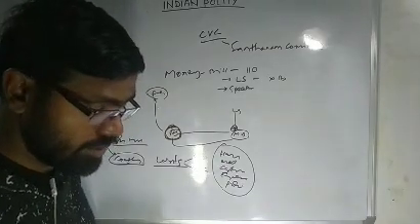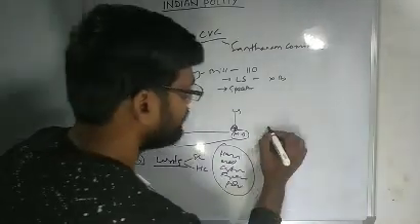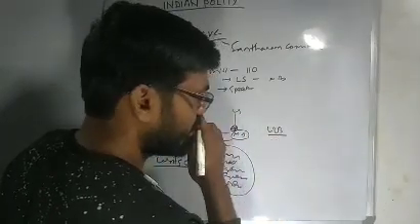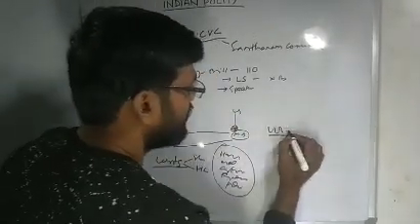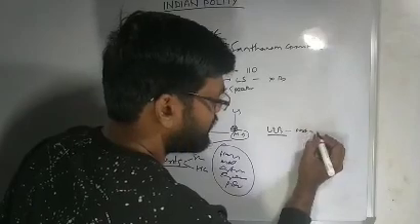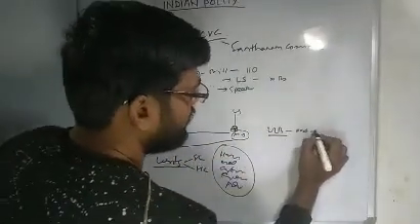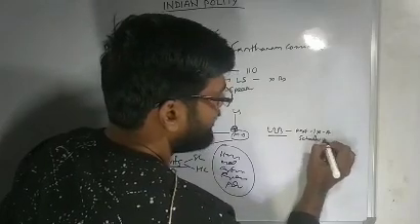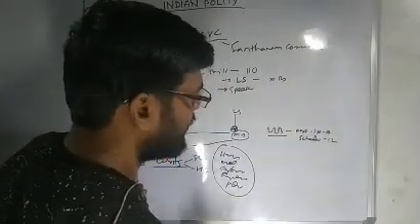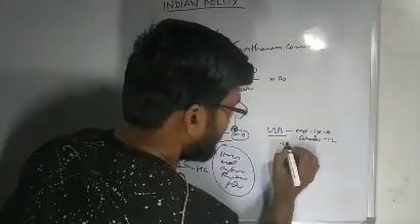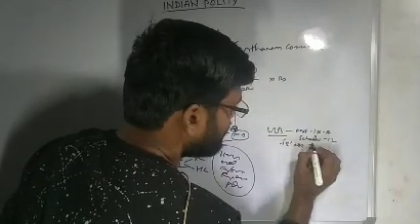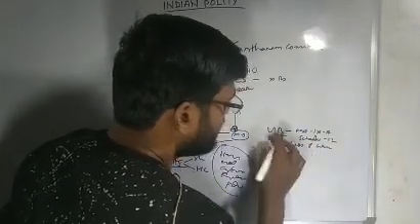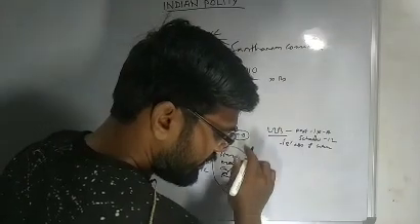Then coming to the next question, urban local body, ULB. Urban local body is under Part 9A, Schedule 12. Very important. There are 18 subjects given to the urban local body.